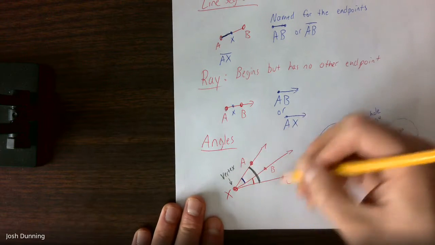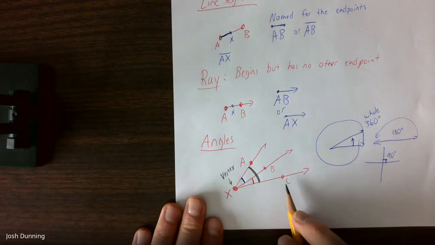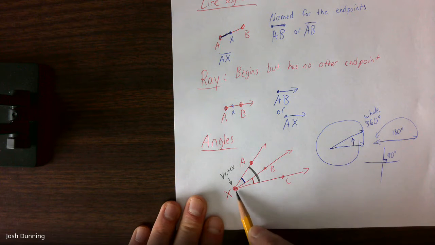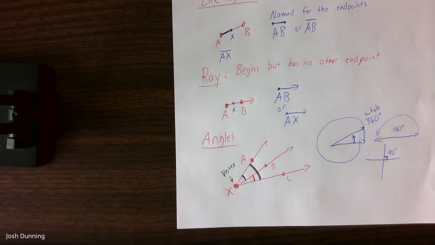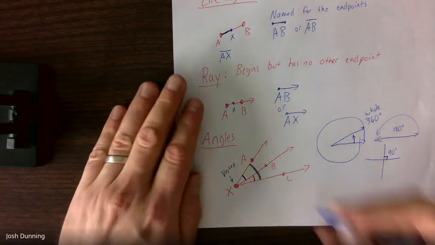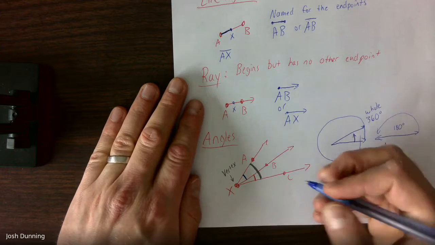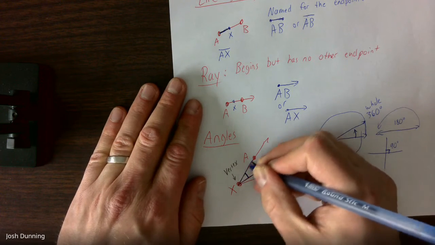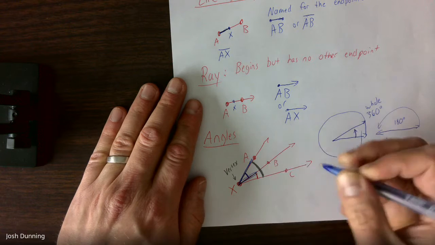There are three possible angles here. When you name an angle, the letter in the center has to be the vertex. Then you just follow the rays that make the angle. Let's say we want the blue angle here. It's formed by these two lines.